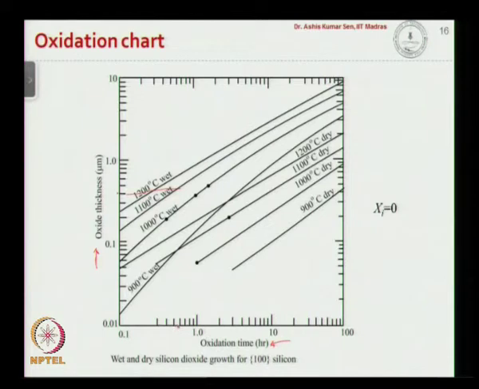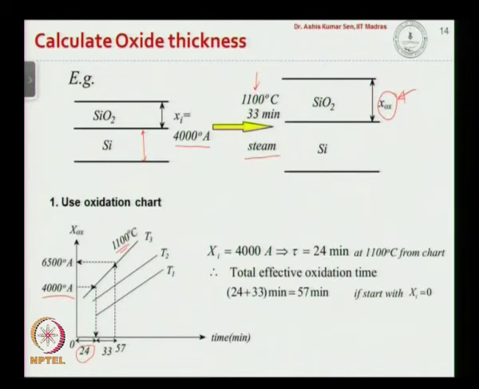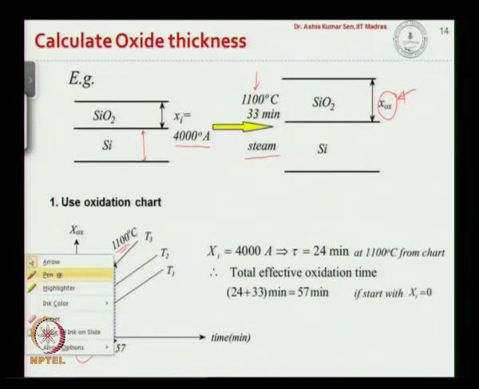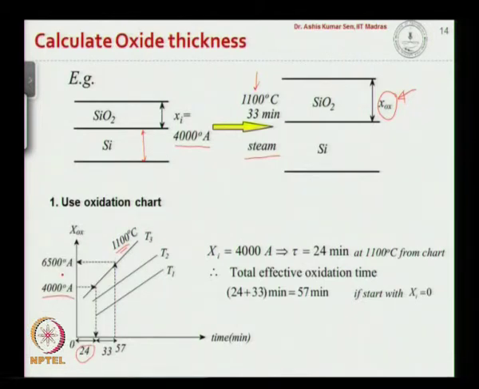So somewhere here. So 0.4 hours will be about 24 minutes. So you get the initial time, assuming that the temperature were 1100 degree centigrade, would be 24 minutes.